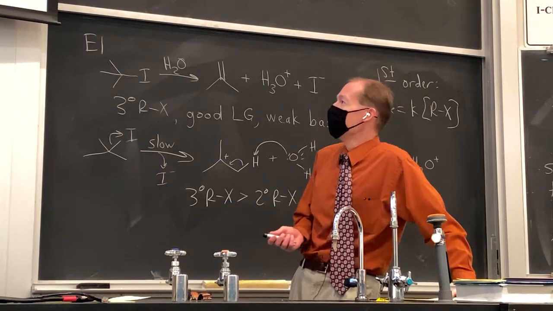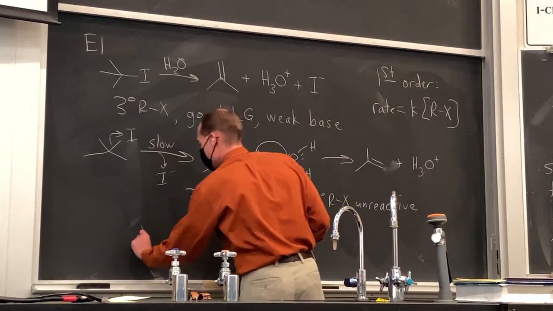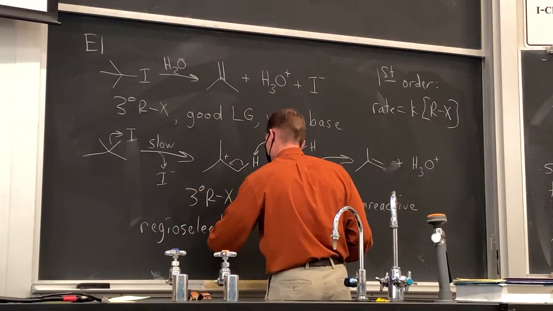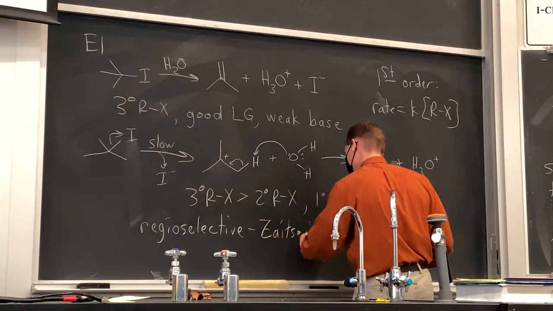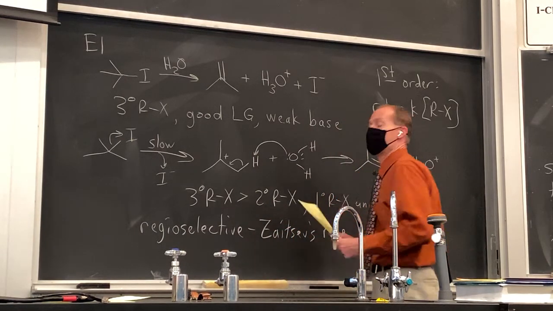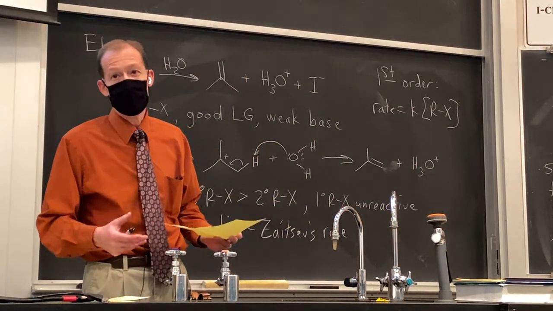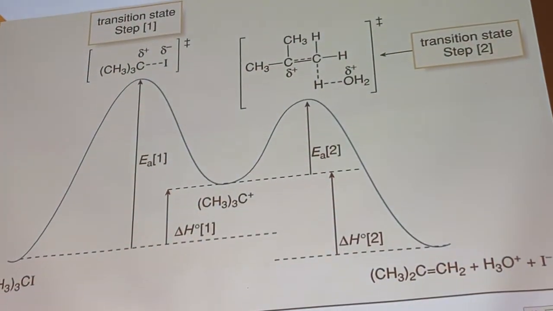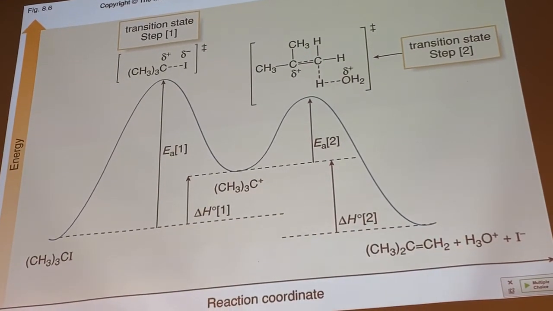So the E1 reaction is generally regioselective, and it does generally follow Zaitsev's rule. Okay, meaning that the more substituted alkene would be the major product. If you look at this transition state, I told you that it only has a small amount of a partial double bond because this transition state looks more like the carbocation than the product.